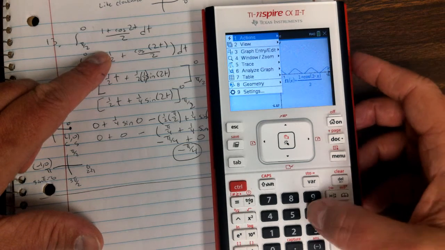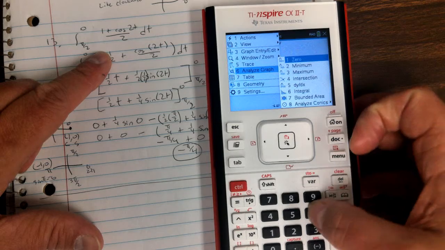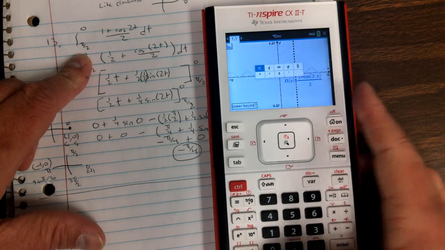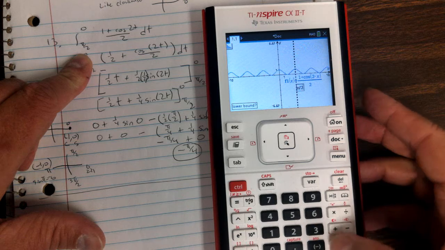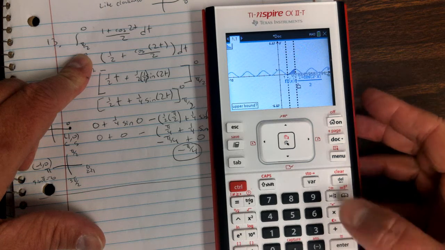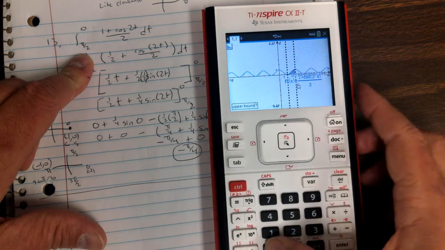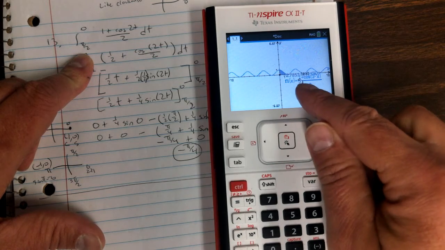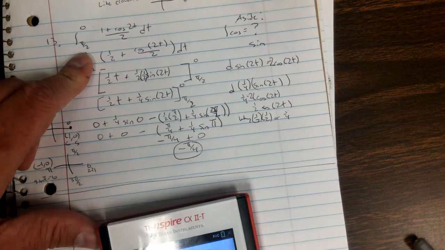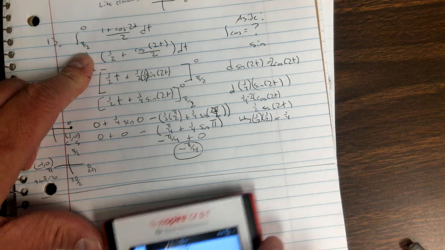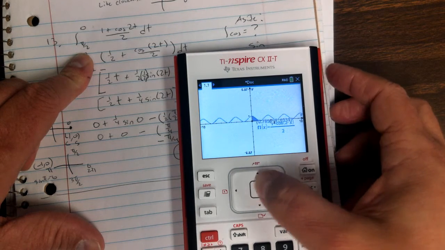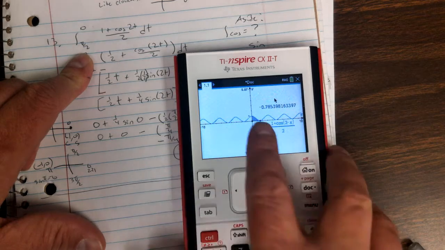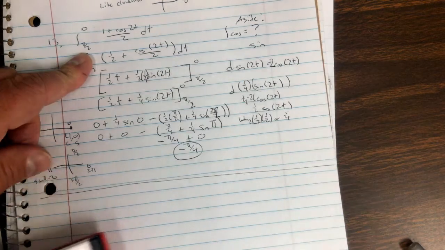So menu, analyze, integral, and the lower bound you put pi halves, and then the upper you put 0. And so that gives me 0.875. Let me move my mouse pointer because I think it's negative. Yeah, sure enough it is. Okay, so there's my negative 0.785.